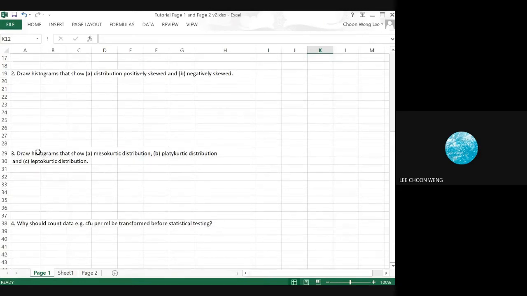But when you draw histograms to describe your data, you may also see different types of distribution based on the sharpness of the top.